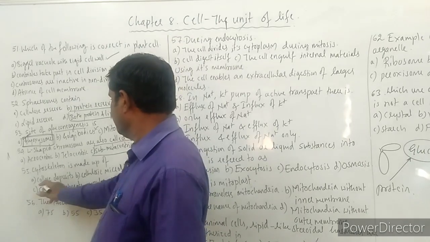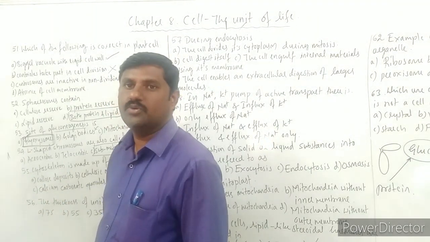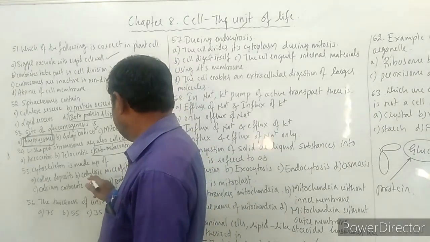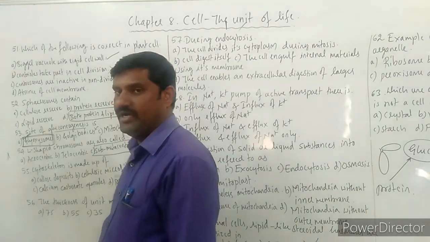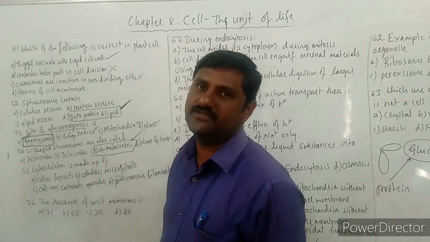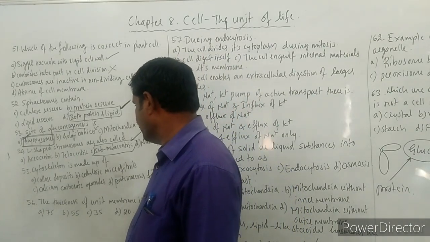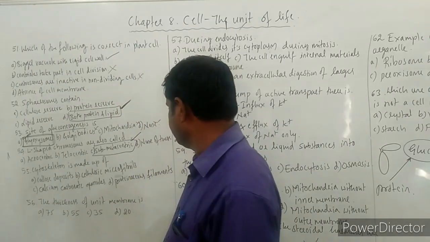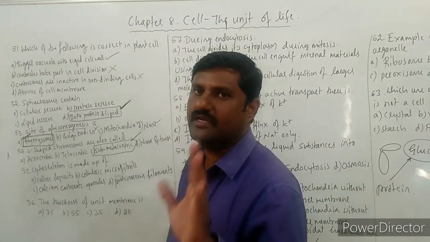Option A, callose deposits. No, no callose deposition is seen there. Cellulosic microfibrils, he says. It is not cellulosic microfibrils. Calcium carbonate granules. No, calcium carbonate granules do not make these.